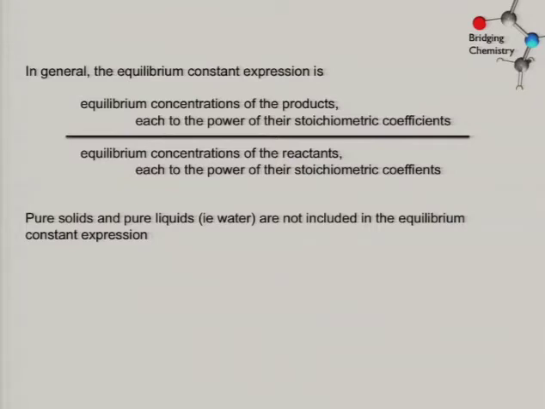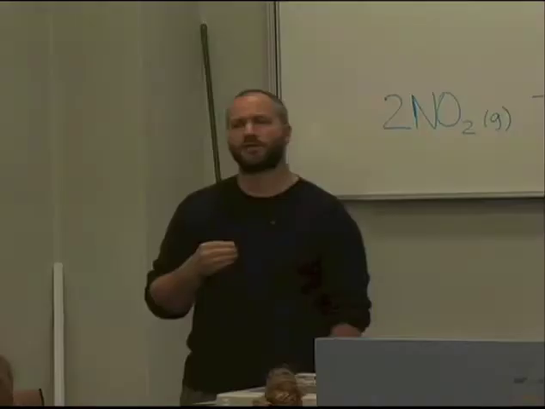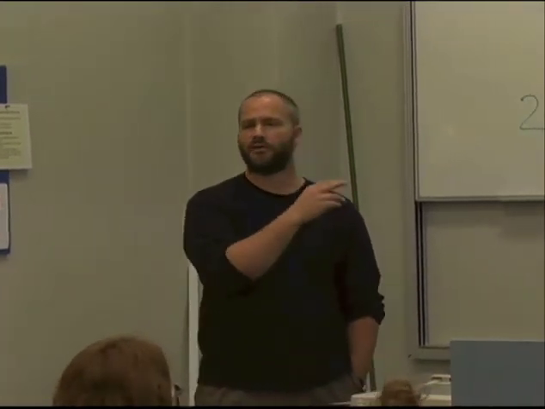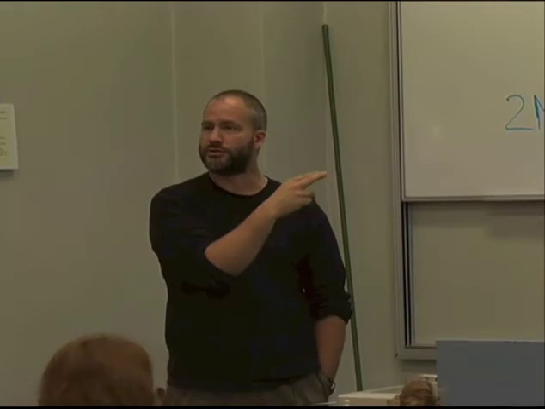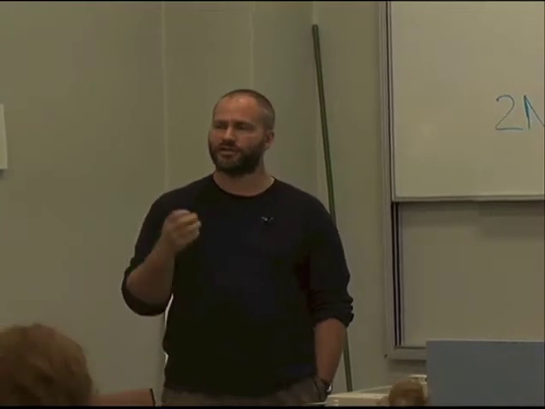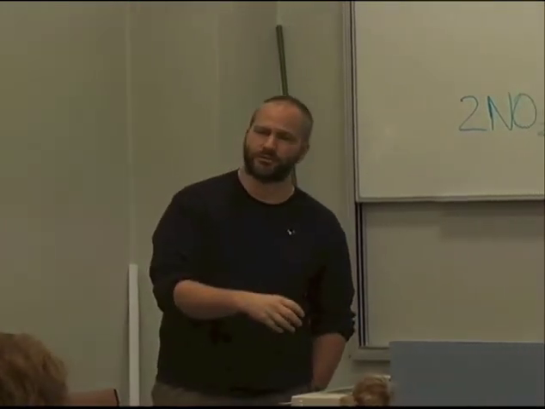Now, part of the thing about these is that we're putting in numbers that correspond to concentrations. And what we said yesterday is that concentrations correspond to an amount of something dissolved in a volume of something else. Now, that kind of implies that you can't have anything for solids in an equilibrium constant expression, because a solid doesn't have a concentration. Yeah? It isn't an amount of something dissolved in something else.